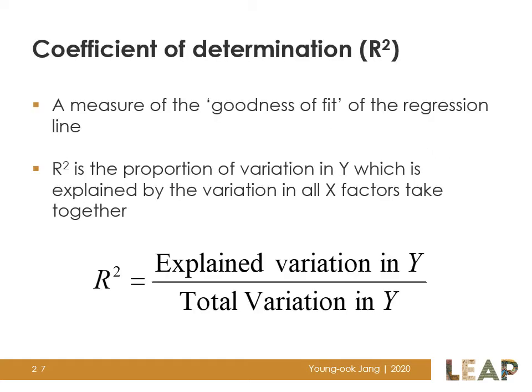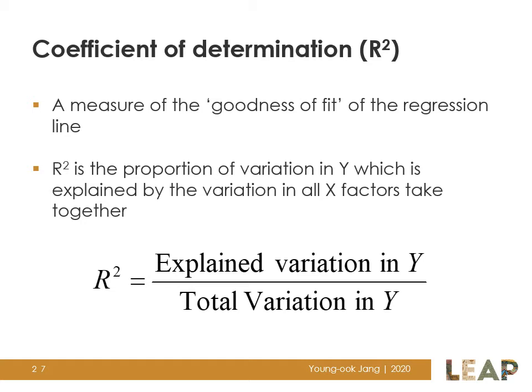R squared is another important term, a measure of goodness of fit of the regression line. R squared is the proportional variation in Y which is explained by the variation in all x factors taken together. So if you have a higher R squared, that means that the x factors you have explain the variation in Y very much.